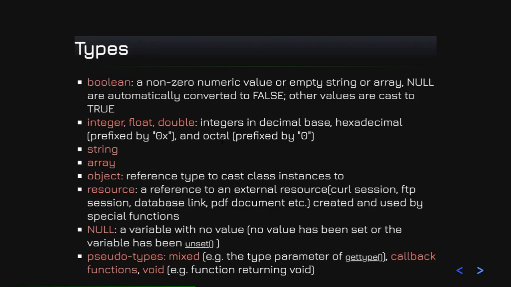Then we have numbers, integer numbers, float, and double. Integers are in decimal, so in the decimal base. We can also use the hexadecimal base by prefixing the literal with 0x, or we can use the octal base by prefixing the literal with 0.